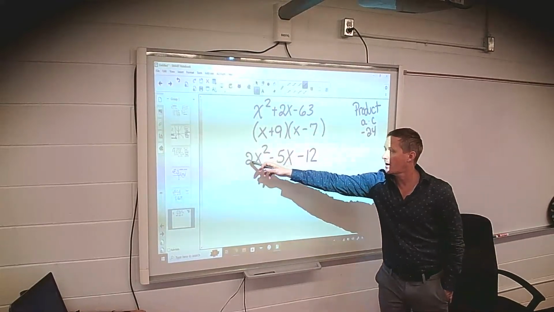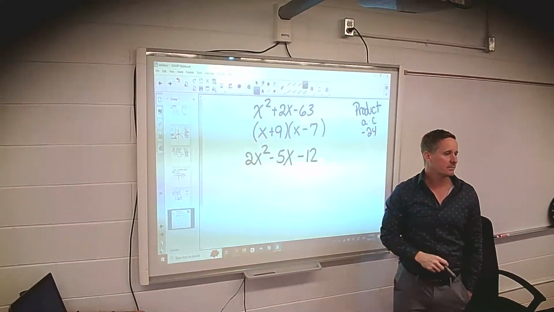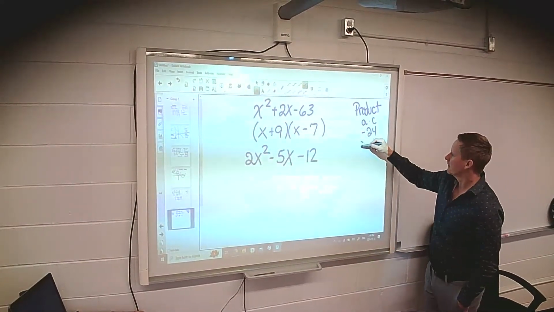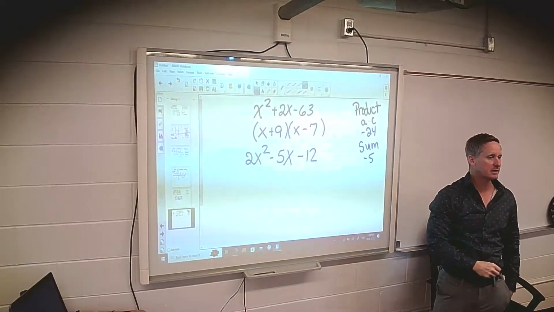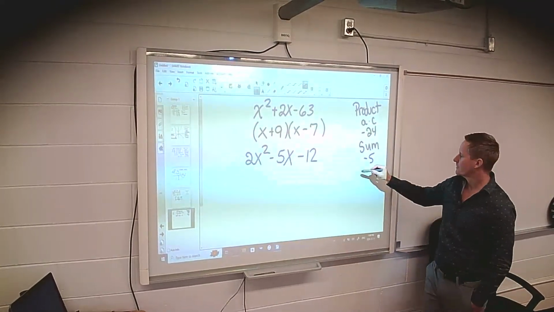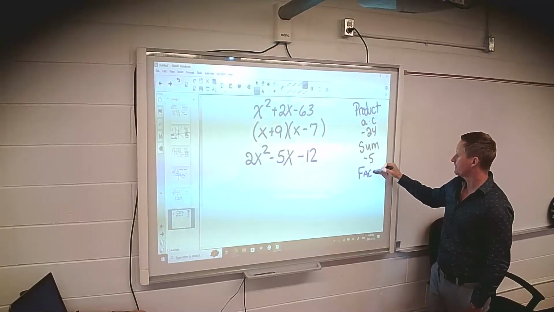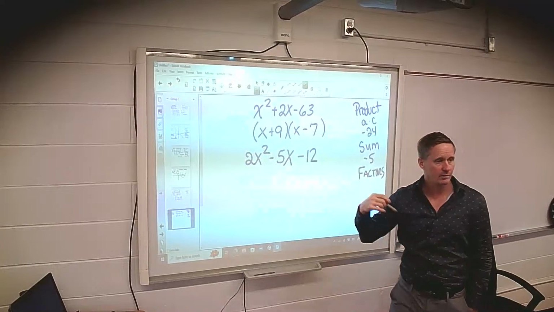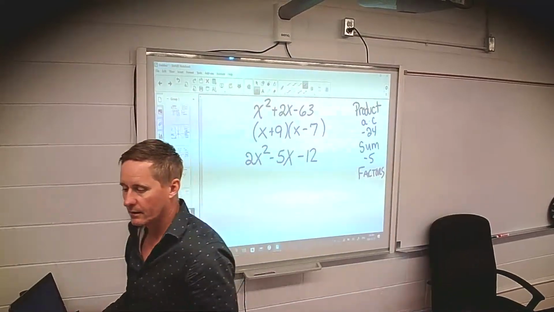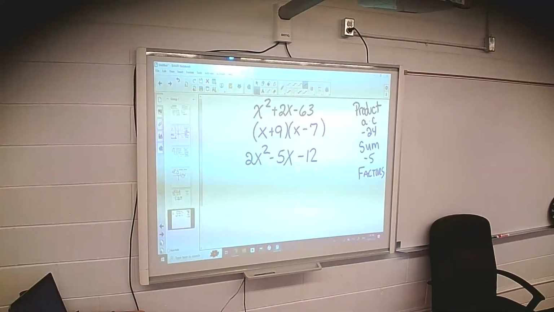I take the A value and I multiply it by the C value. The sum is negative 5. That stays the same. So I need factors. Again, this is going to be completely different than what we've done up to this point. I need the factors of negative 24 that add to give me negative 5.